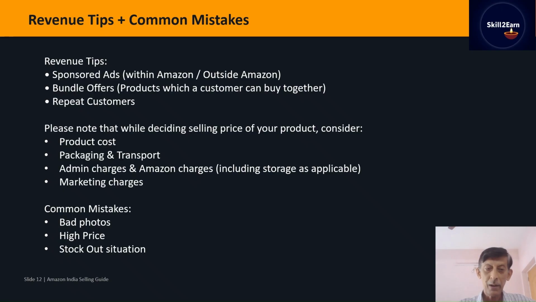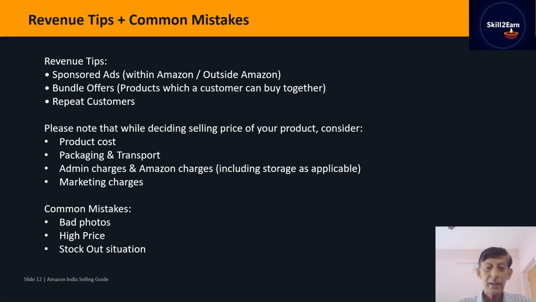When you are buying a product, suppose you are buying a mobile, they will say, do you need a headphone, do you need a Bluetooth, do you need a cover. All those things they will keep showing you as soon as you decide to buy a mobile. That is called a bundle offer. And you can look at repeat customers. You will have to track them so that you can target the repeat customers and sell to them over and over again.